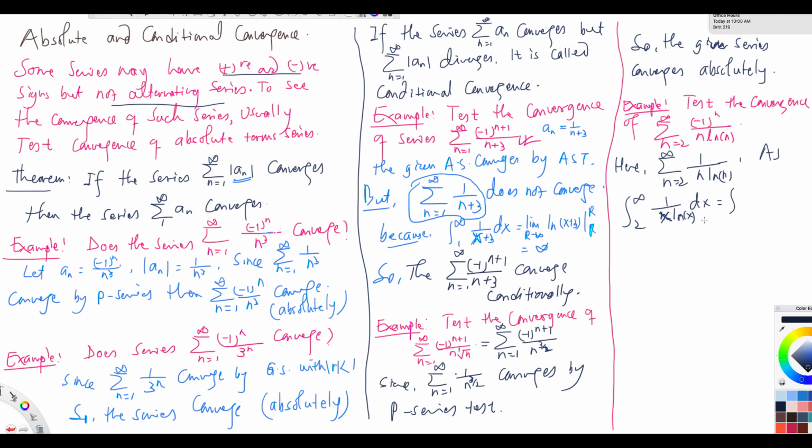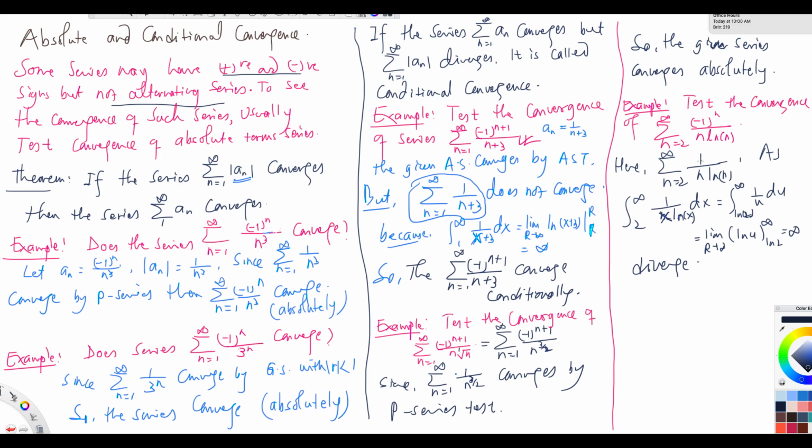When you change the limits, you will get natural log of 2 through infinity, and then 1 over u du. If you do that, you will get the limit as r tends to infinity of natural log of u, from natural log of 2 through infinity. We have done this type of problem in the integral test. If you do that, you will get infinity. So the series of absolute terms diverges.